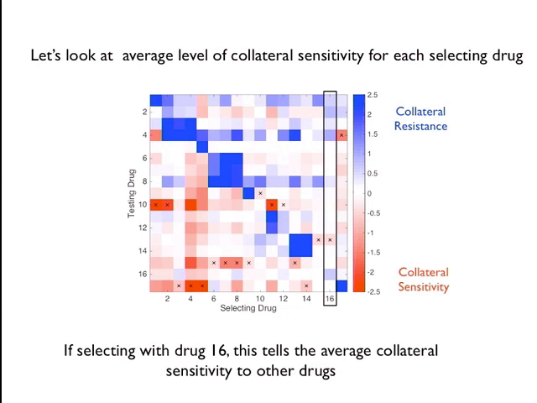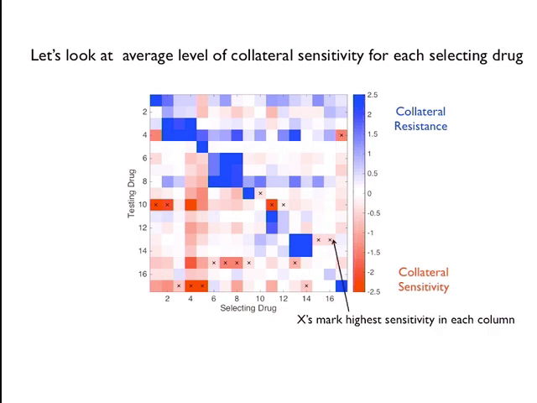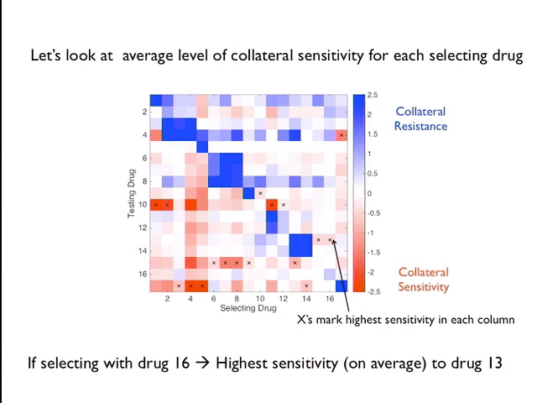For example, this column tells me if I'm selecting with drug 16, this is the average collateral sensitivity to every other drug that I can expect from that selection process. I've marked the minimum value, the most sensitive value in each column, so you can see what this algorithm is doing. So if I'm selecting with drug 16, the highest sensitivity on my next step would be expected to be to drug 12.